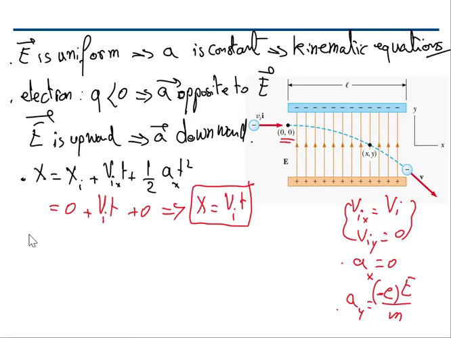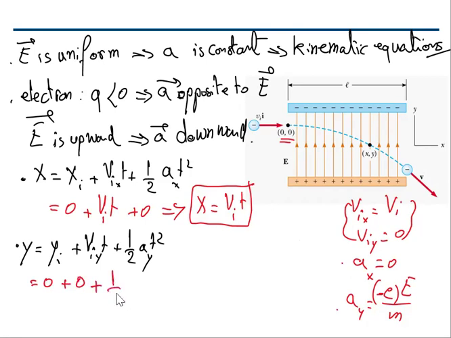Let's talk about the y. y equals y initial plus v initial y t plus half of a y t squared. So it will be y initial, we said also it's 0, plus v initial y, it's also 0, plus half of the acceleration, minus e electric field divided by the mass of the electron, multiplied by time squared.